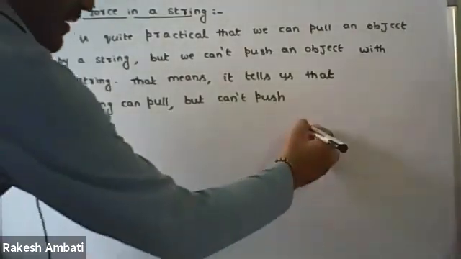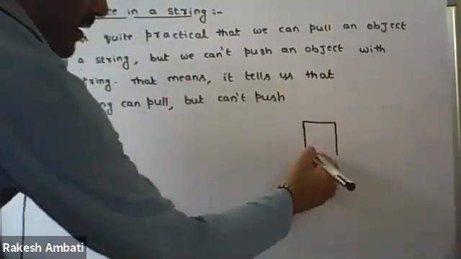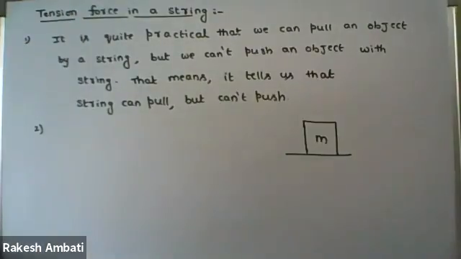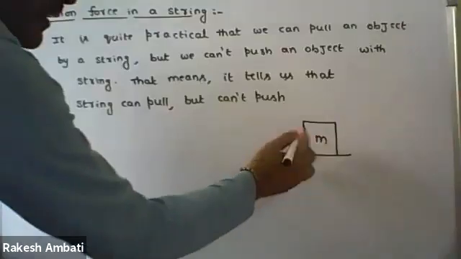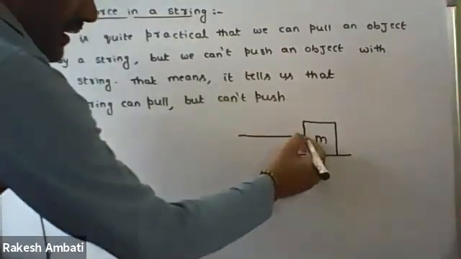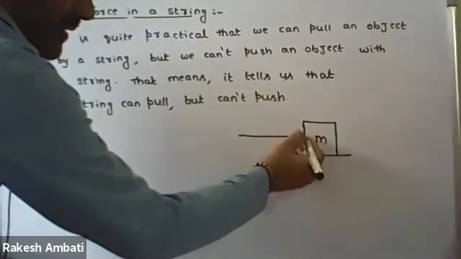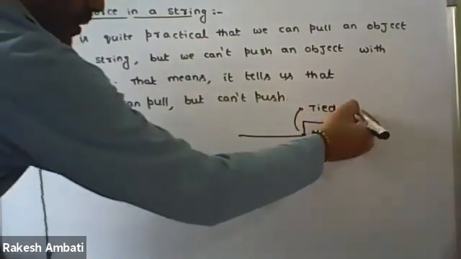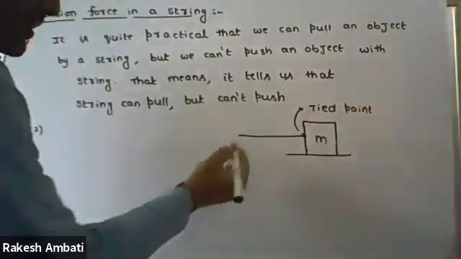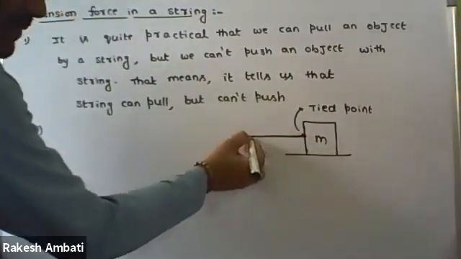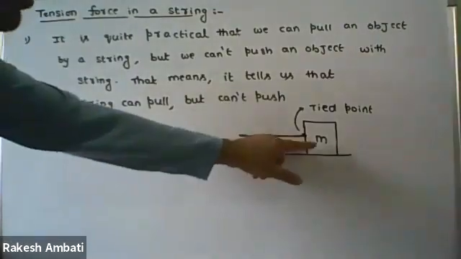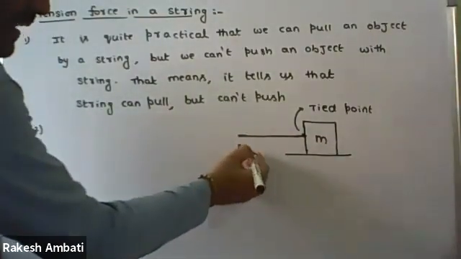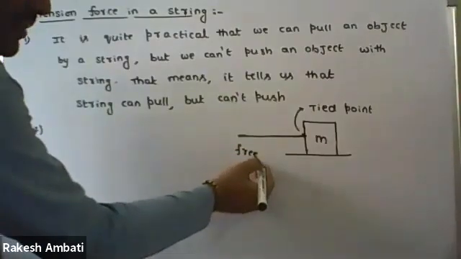For example, we have a body or an object of mass m. A string is tied to the object, so it is the tied point. It is the free end of the string.